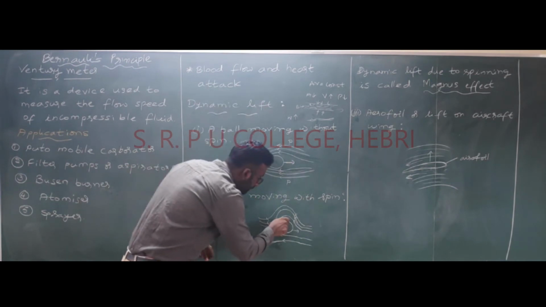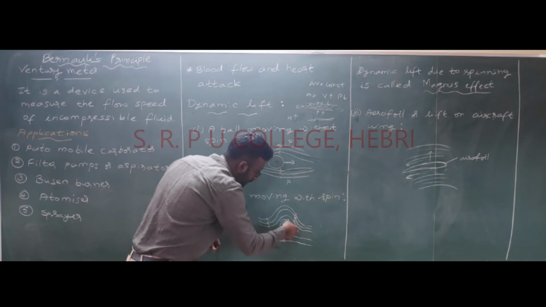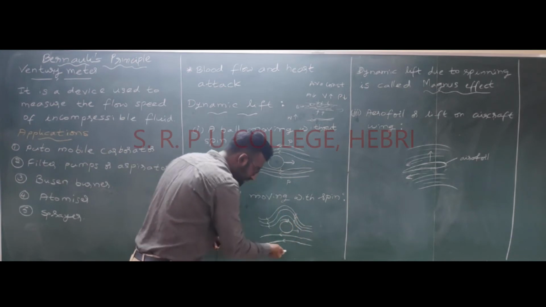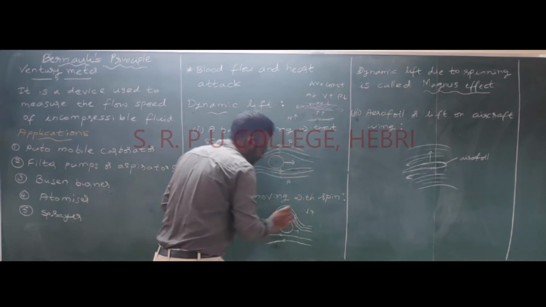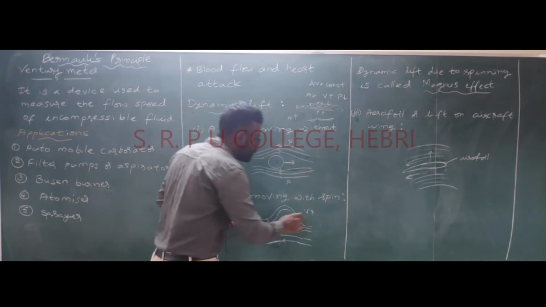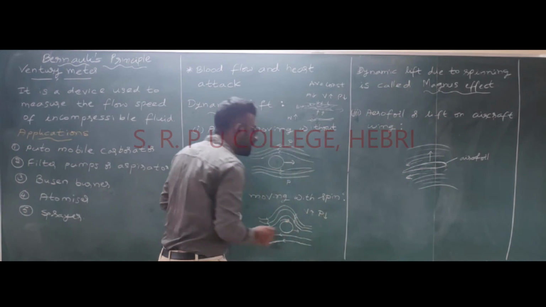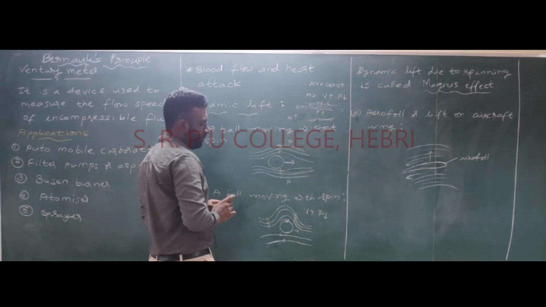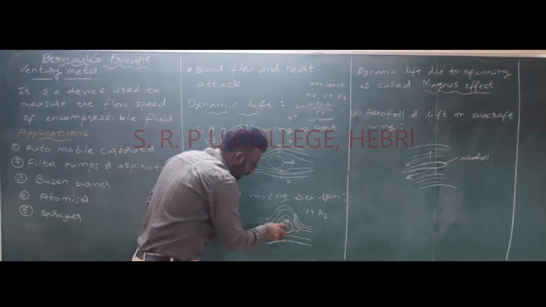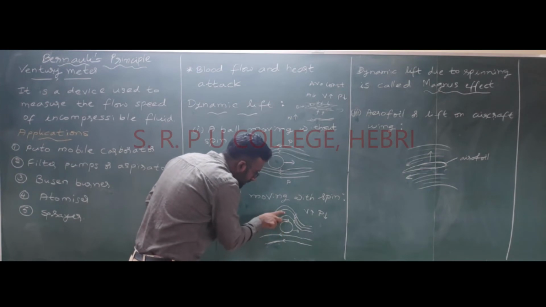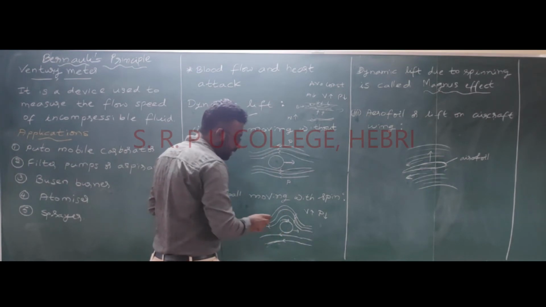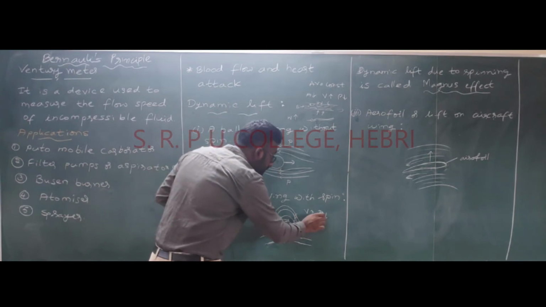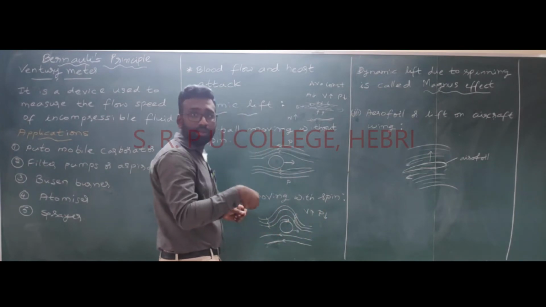Whatever air particles over here will be moving with high speed as the ball spins. When the velocity is more, what actually happens to the pressure? Pressure actually decreases. So when it is spinning, whatever air above this will move with the higher speed. Okay, then what happens? The pressure will get reduced.